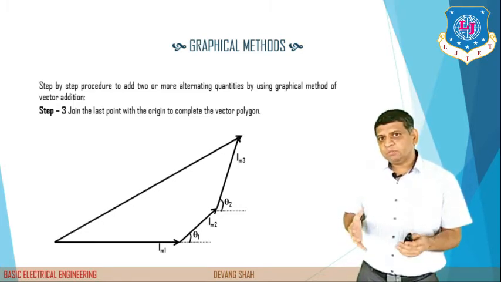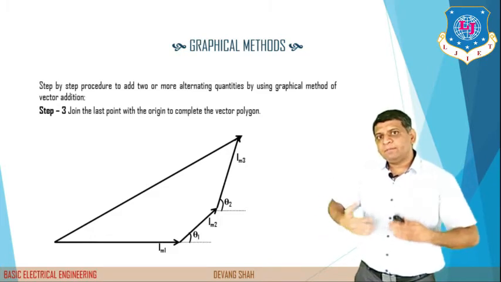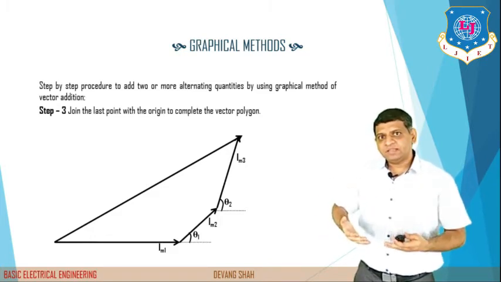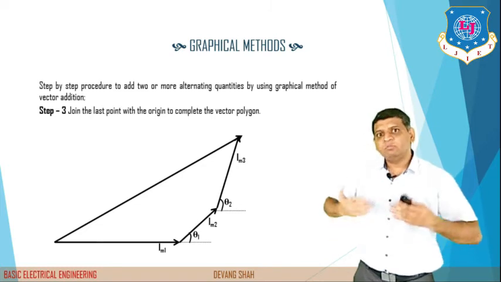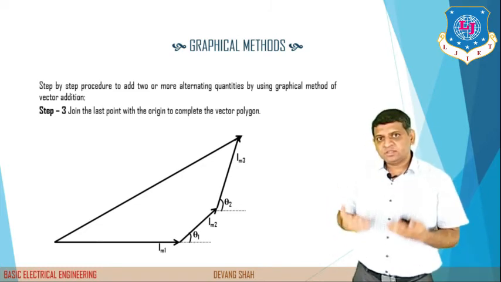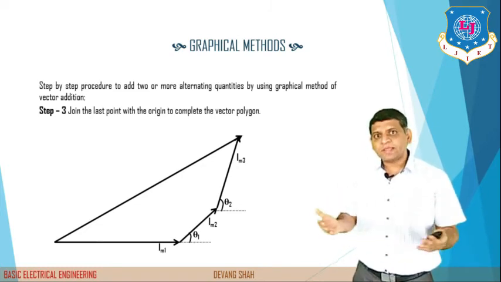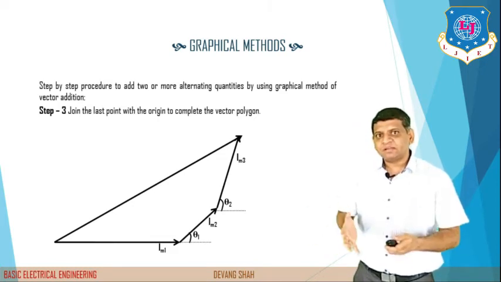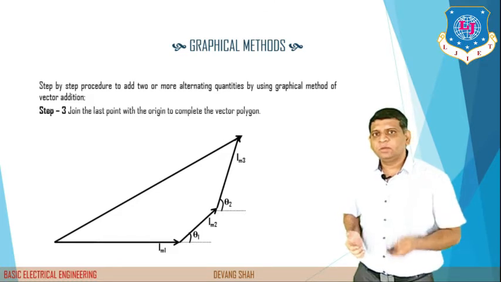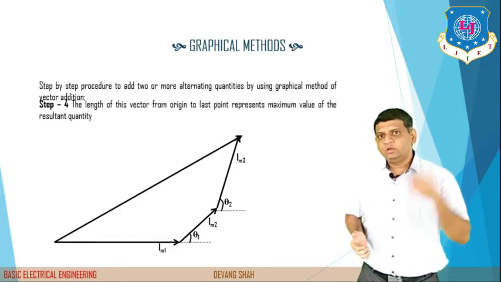This is nothing but, between the two magnets, if I put three vectors, all moving in an anti-clockwise direction with their individual magnitudes and individual phases, then the resultant vector is nothing but the line joining the origin to the endpoint.